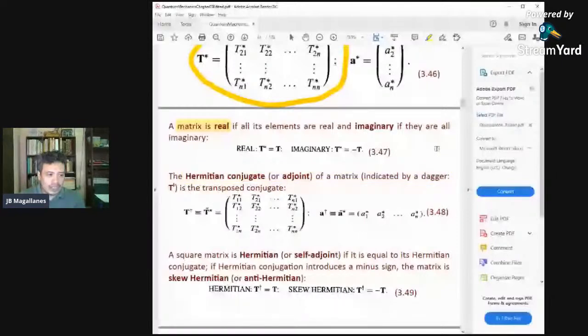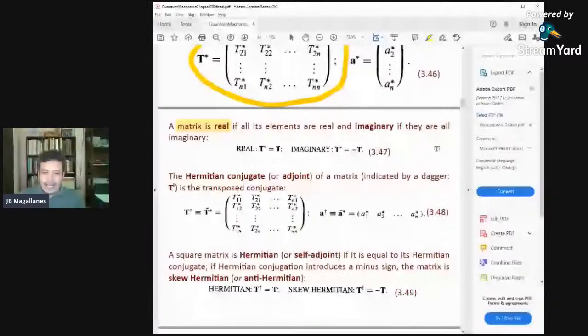And if you have a purely imaginary matrix, then the conjugate of that matrix is equal to the negative of the original. If it's purely real, the conjugate will just be equal to the original matrix. If it's a combination, then of course the conjugate will also be a combination.